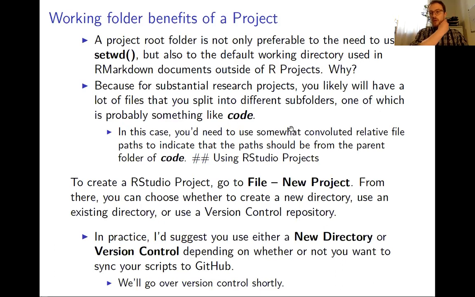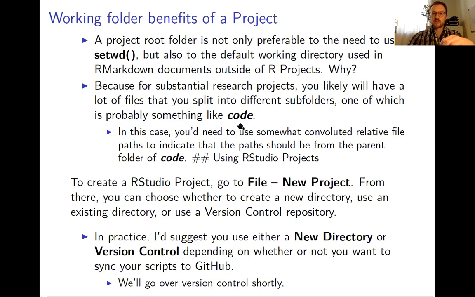So let's talk about the benefits of a root folder. Instead of having to set the working directory and then using very convoluted file paths, if you have a large project with several folders that all contain different parts of the project, it would be nice to just be able to address them using relative file paths.